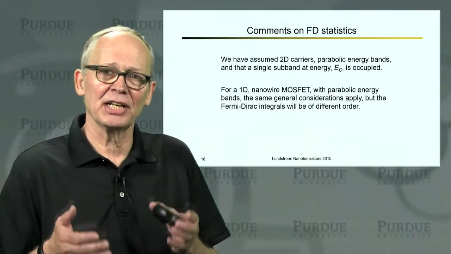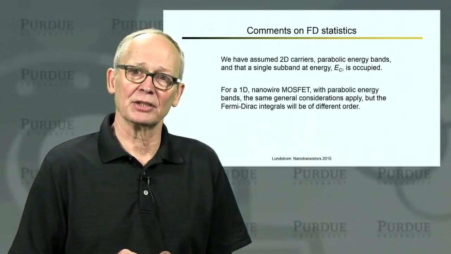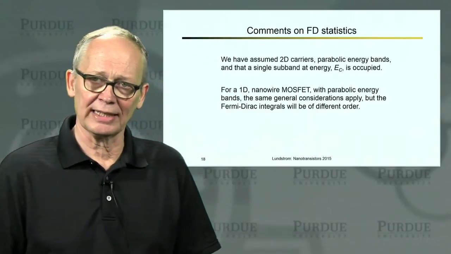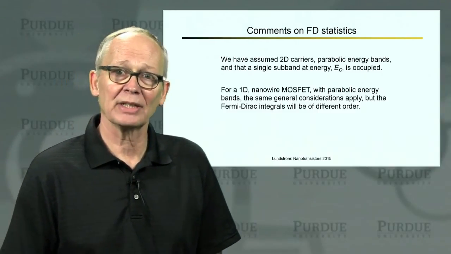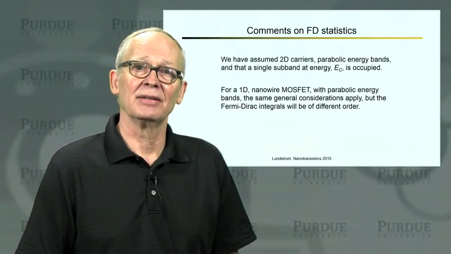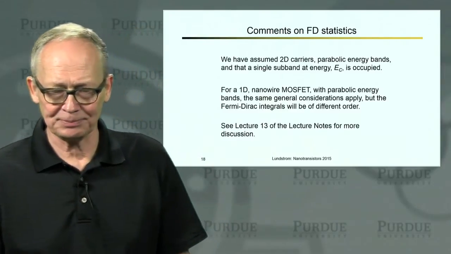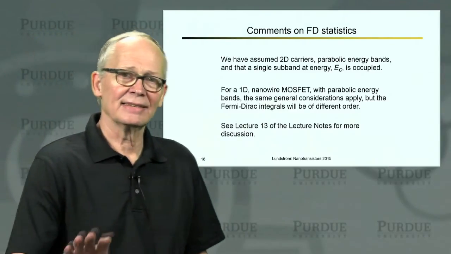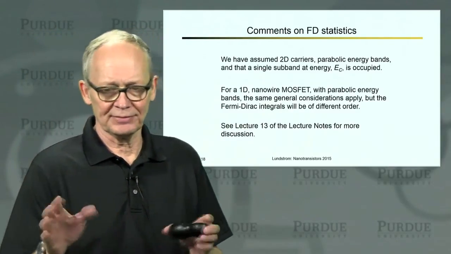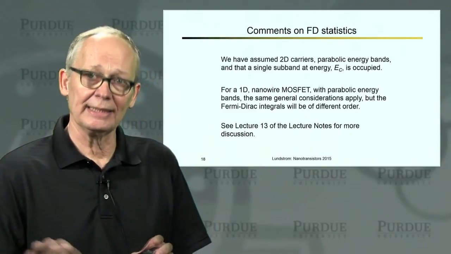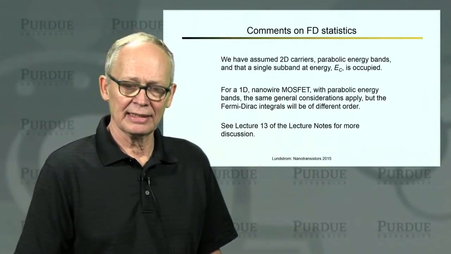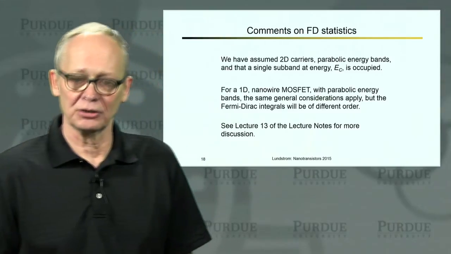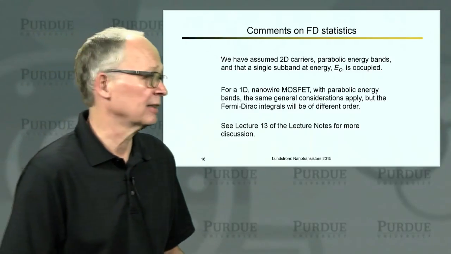But the same general principles that we've discussed here will apply. In fact, that's a useful exercise for you to do. Work out the IV characteristics of a ballistic nanowire MOSFET. If you'd like to see more discussion about these Fermi-Dirac integrals and 1D nanowire transistors, again, have a look at the lecture notes, lecture 13.